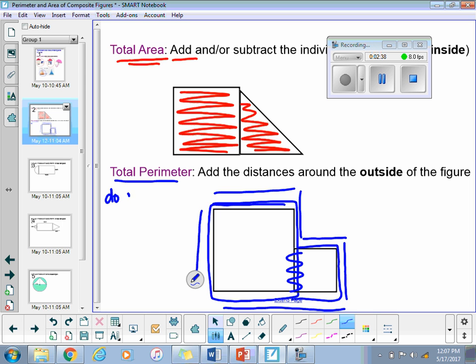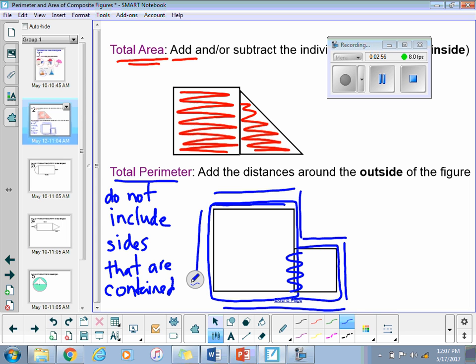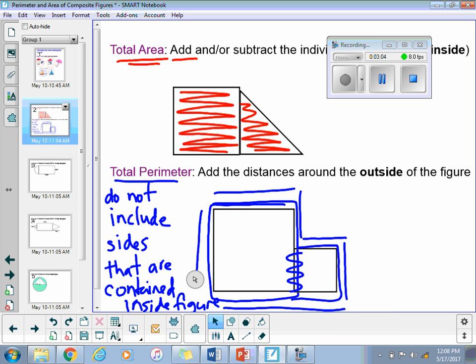So do not include sides that are contained inside the figure. So if you want the total perimeter, do not include that, okay?